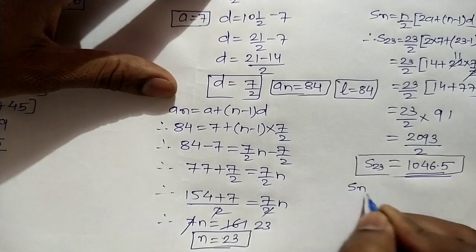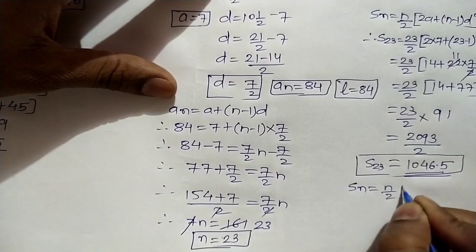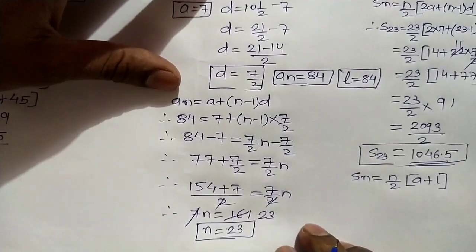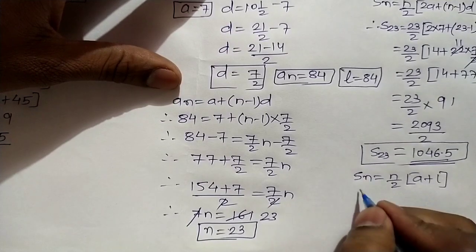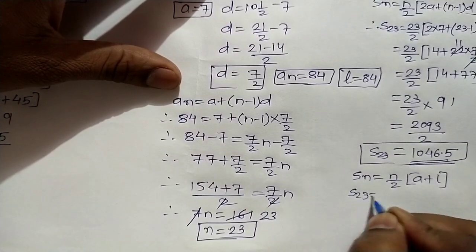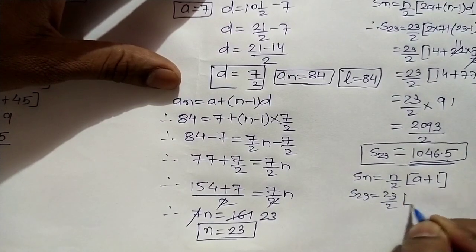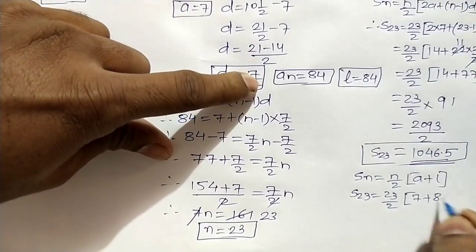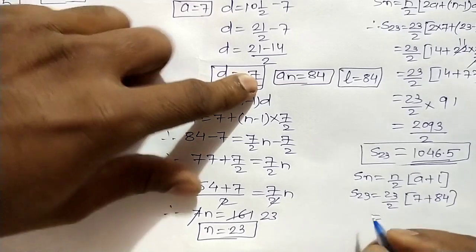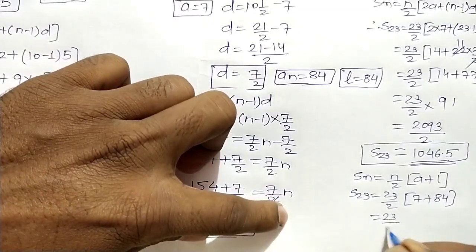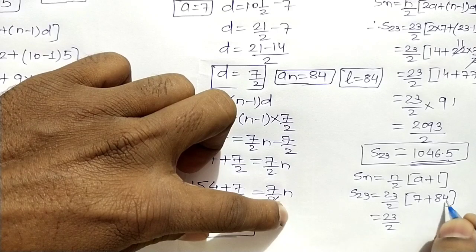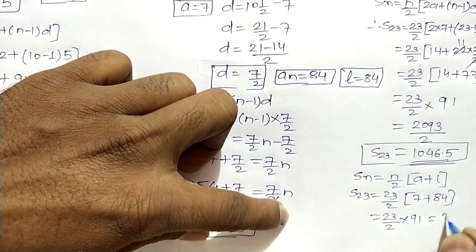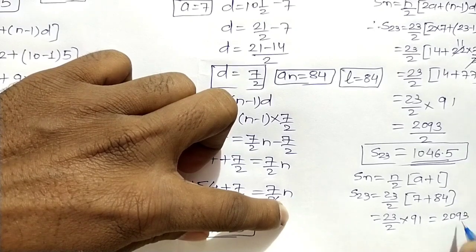Sn equal to n by 2 in the bracket a plus l, where l is the last term of the series. Now substitute the values as 23 upon 2. Value of a means 7 and l means 84. 23 by 2, 84 plus 7 is 91, and we get 2093 upon 2.